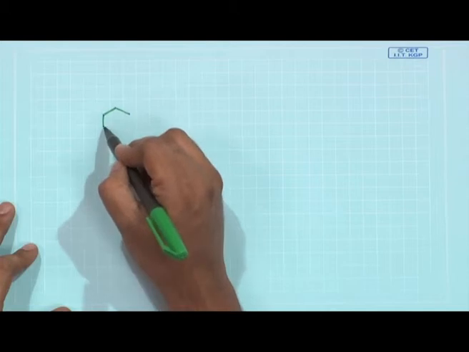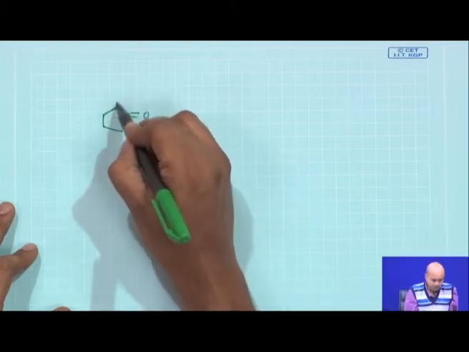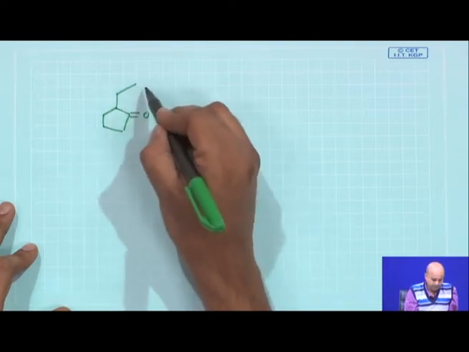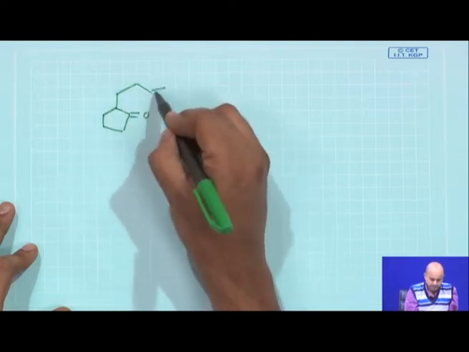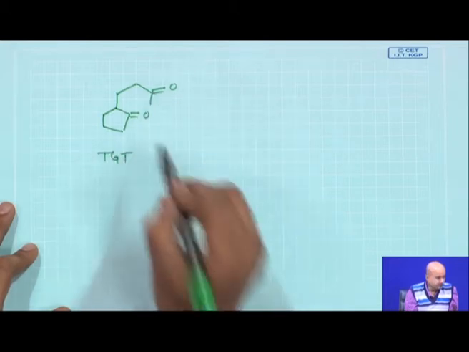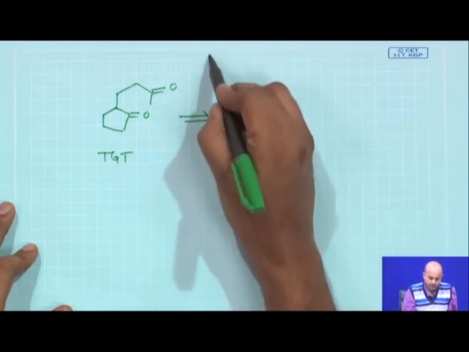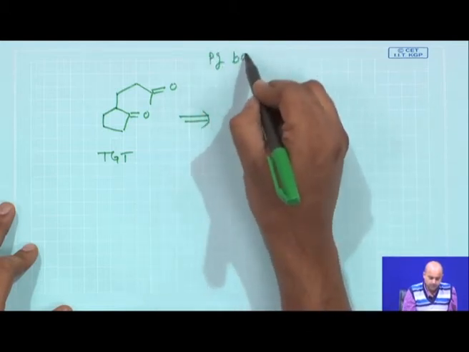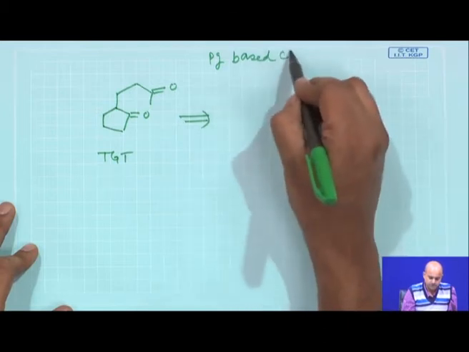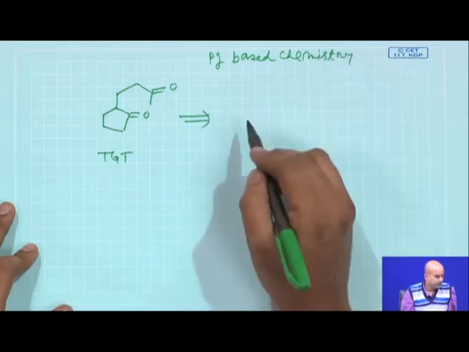Now a similar kind of problem which I picked up is on a similar line, but the target molecule was something like this. The starting material I have also given to you; this also falls under protection group based chemistry. We talked about protection group based chemistry, how different protection groups help.